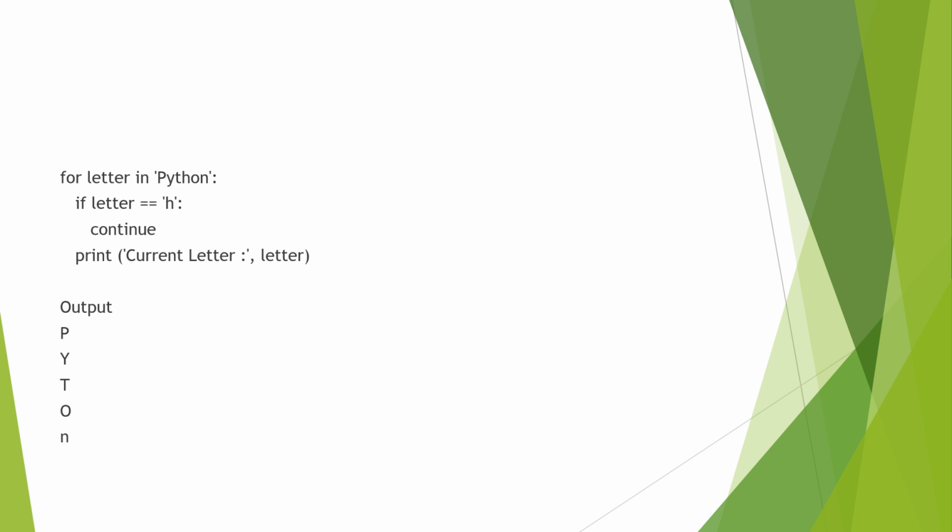So it will simply skip the h and print the rest. Print letter. The letters are P, Y, T. It comes across h, but our if statement says if letter double equals h, continue. Even if you find h, don't bother, just go to the next statement. So it will go to O and N, so Python without the h will be printed. So that is the difference between a break and a continue.